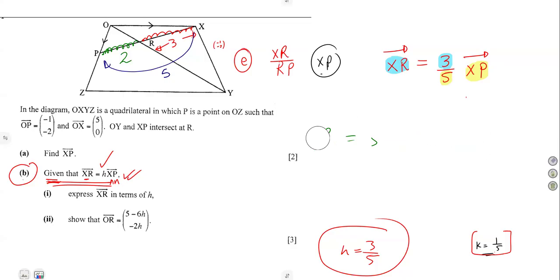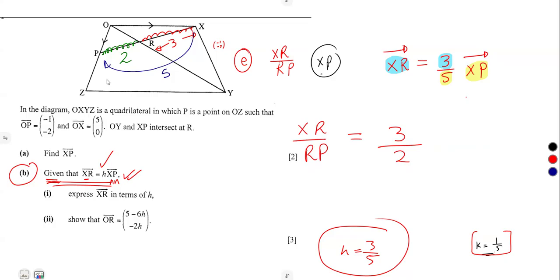So this answers the ratio that we are given, if you understand this, because here we simply have to substitute into this given ratio. XR over RP, the way that you are given, XR is our main part. From X to R, we said it's 3 parts, out of RP. From R to P, how many parts do we have? 2.